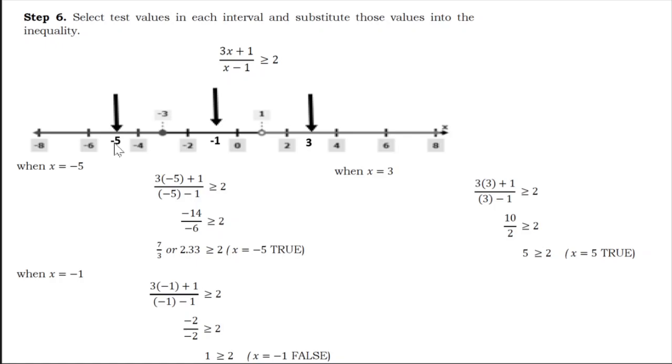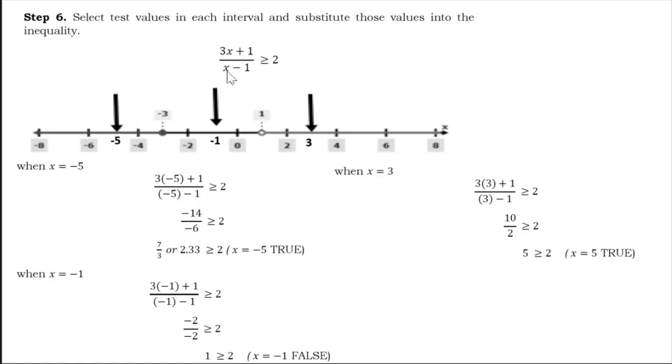How about negative 5? Then, between negative 3 and 1, we have also negative 1. And of course, greater than 1, baka kasama to dito. Because, in our case, only the negative 3 is our solution. How about less than negative 3? So, we use negative 5.